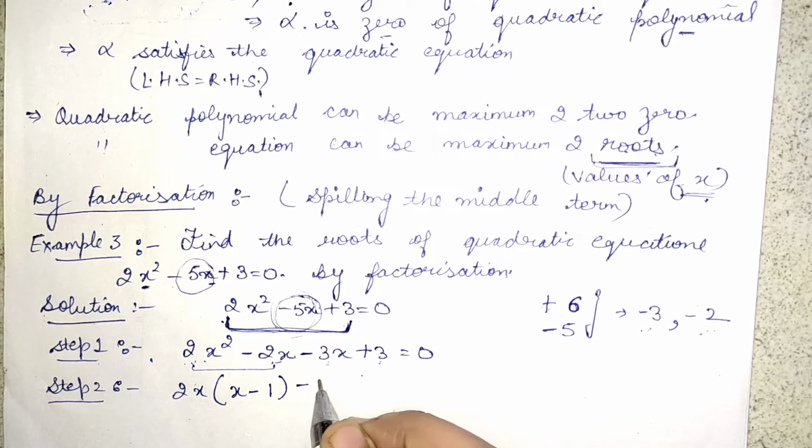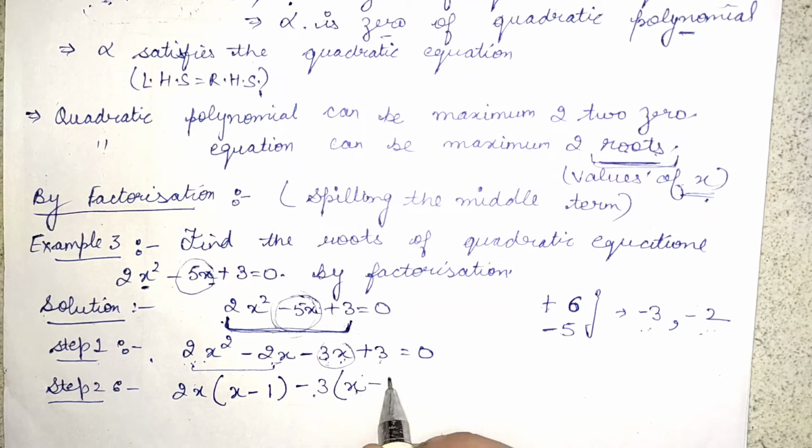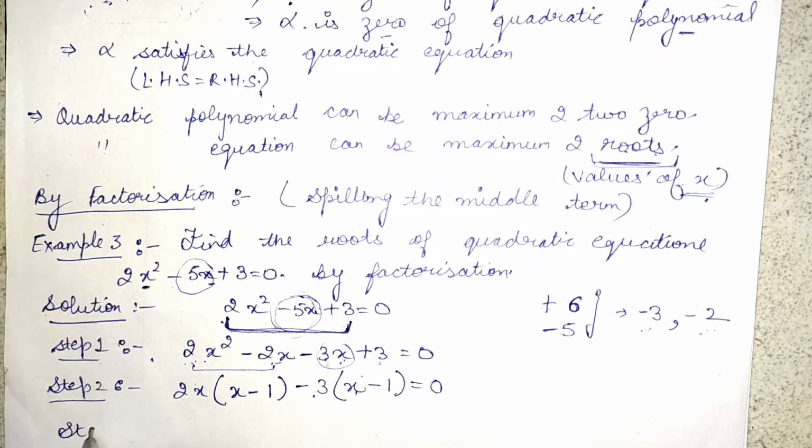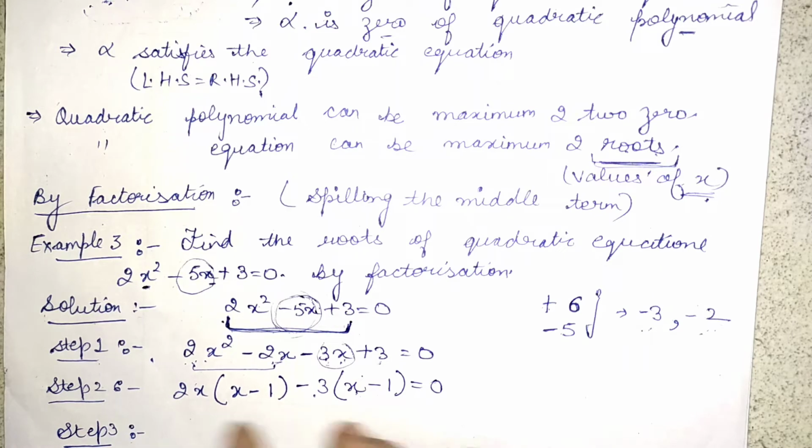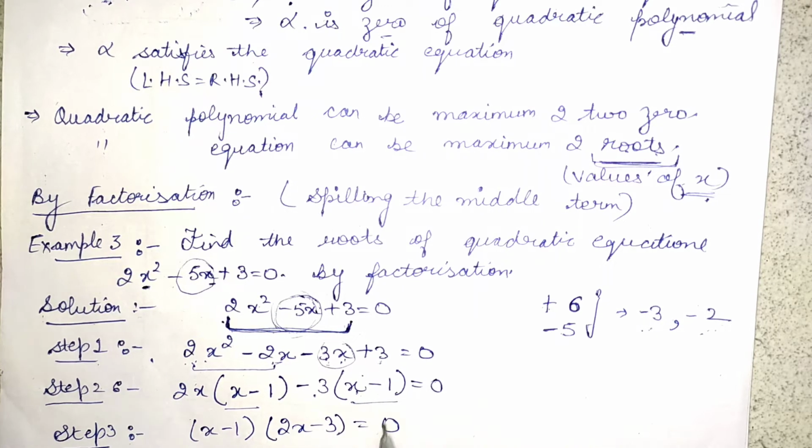Now minus 3x minus 3: minus 3 comes out common, and inside it x minus 1, equals to 0. Step 3: now from these two terms, x minus 1 is common. x minus 1 into 2x minus 3 is equals to 0.